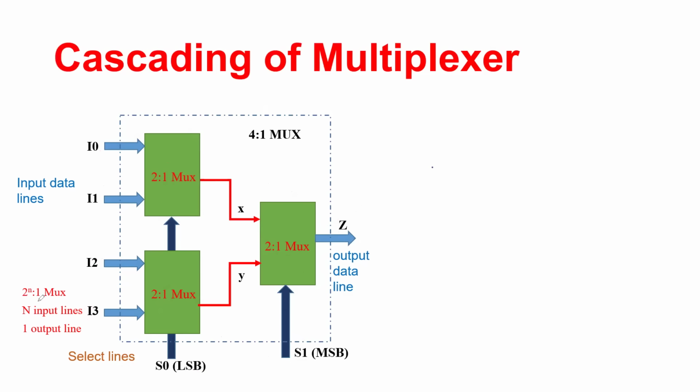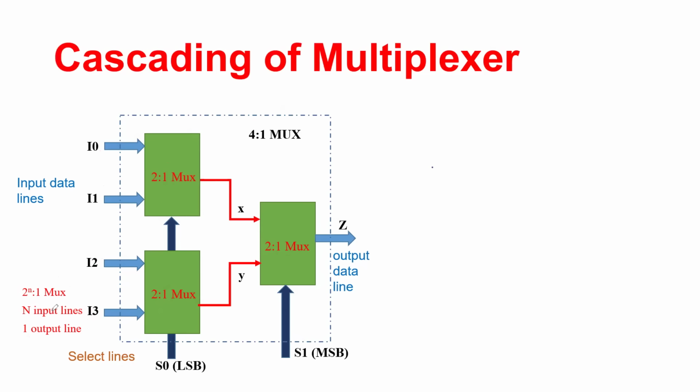You can see here, the definition of the multiplexer is 2 to the power n is to 1 MUX, where small n indicates your select lines, not an input line. This is the select lines. One is the output line, and 2 raised to the power n becomes your input lines. I repeat again, 2 raised to power n is to 1 MUX. That's the standard definition, where small letter n indicates select lines, 1 indicates the output line, and 2 raised to the power n indicates the number of input data lines.